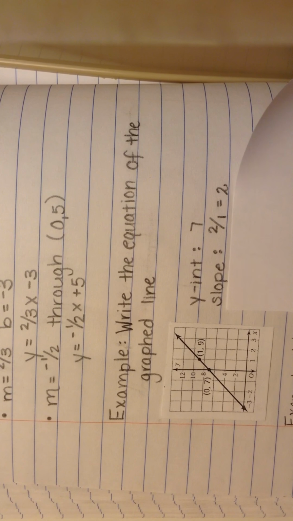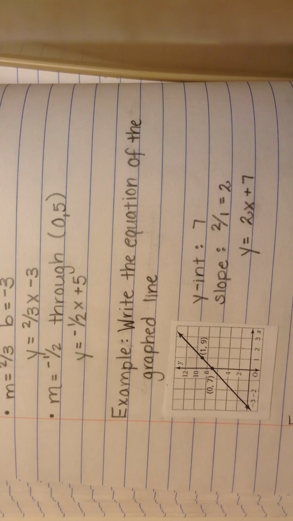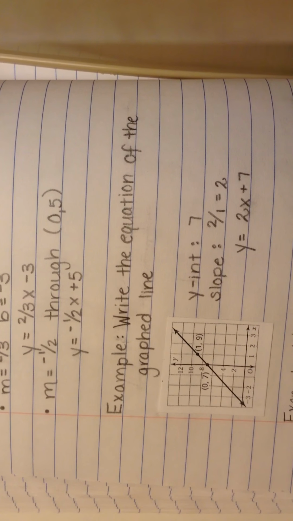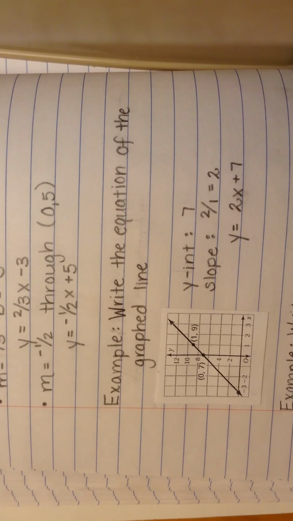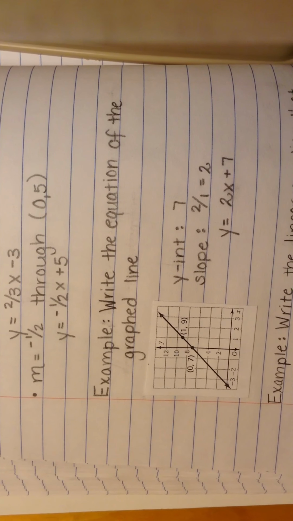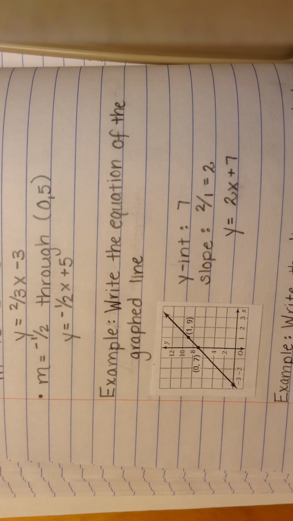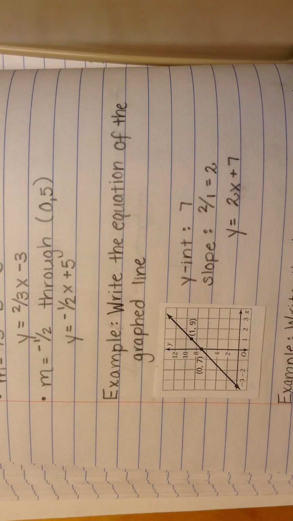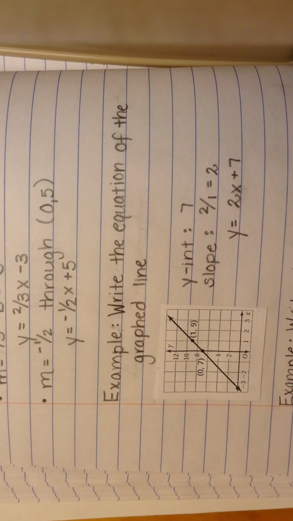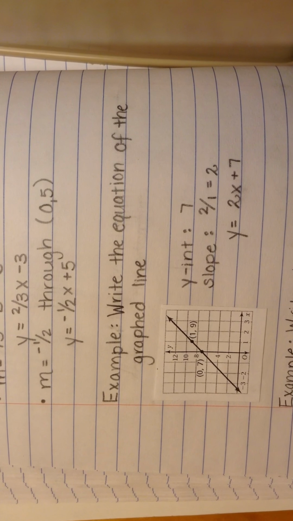Then we can plug into their appropriate location and end with y equals 2x plus 7. So that means our graph is starting at 7, and our rate of change is that we're going up 2 for every 1 x.